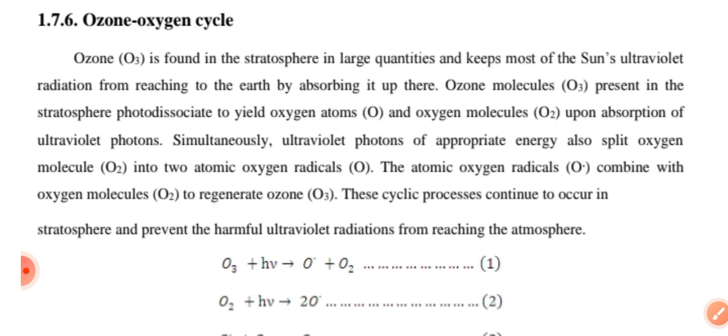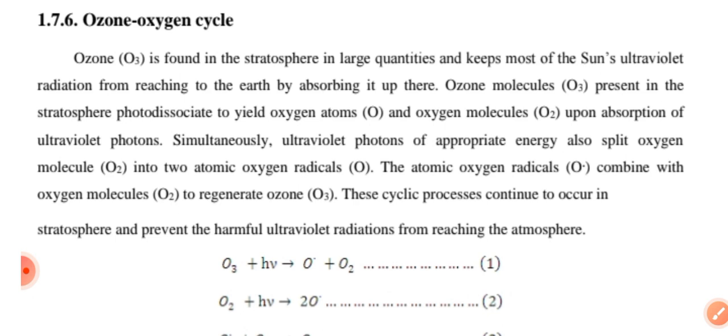Ozone-oxygen cycle. Ozone, O3, is found in the stratosphere in large quantity and keeps most of the sun's ultraviolet radiation from reaching the earth by absorbing it up there. An ozone molecule, O3, present in the stratosphere photodissociates to yield an oxygen atom and an oxygen molecule, O2, upon absorption of an ultraviolet photon.